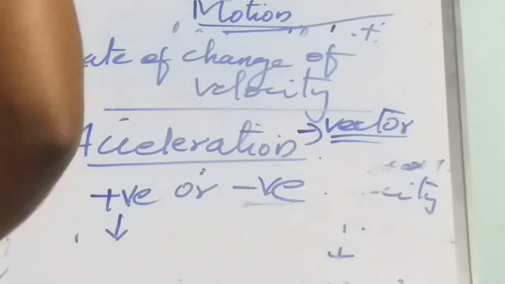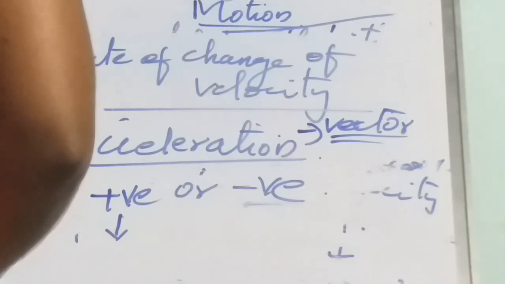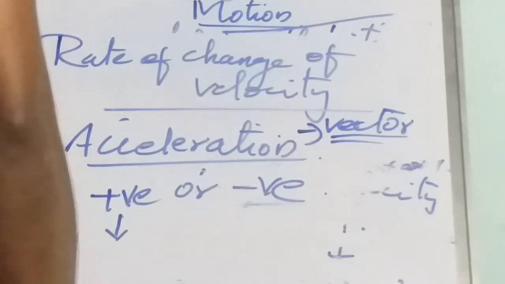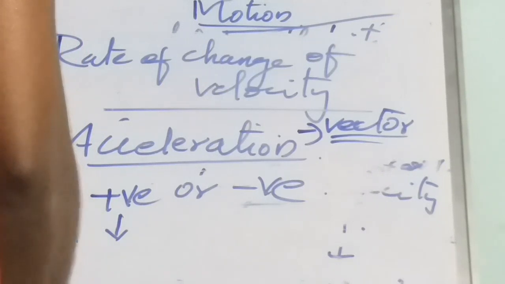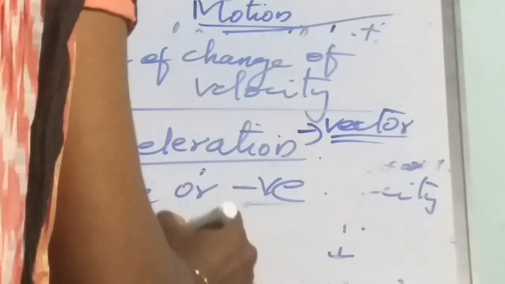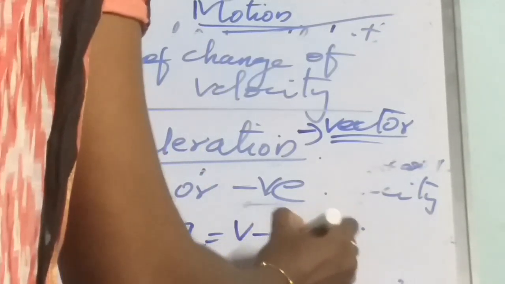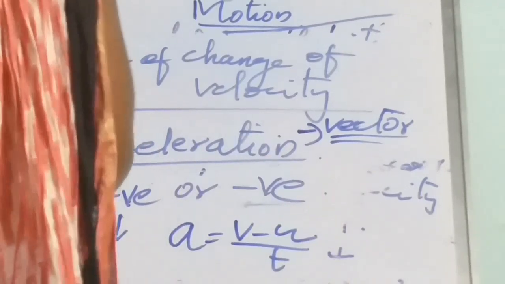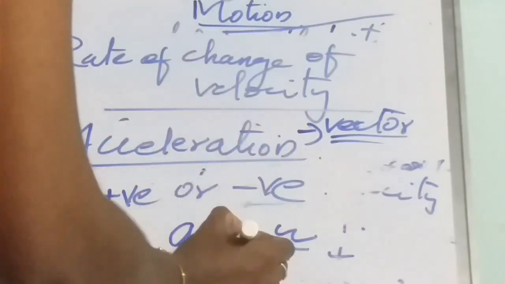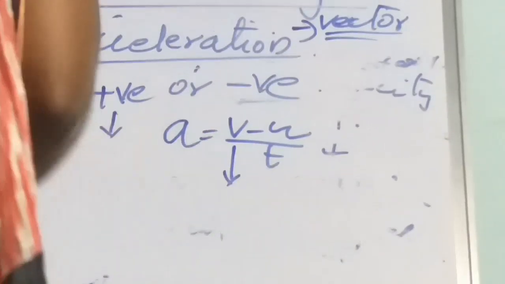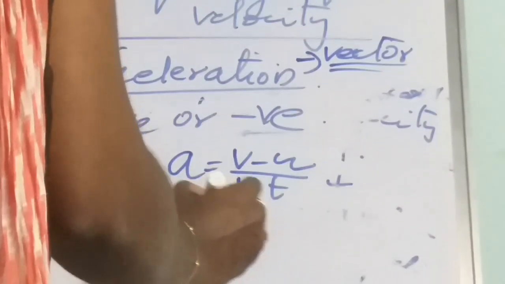So here the acceleration and velocity are in the same direction, and the acceleration is considered positive. We know the equation a is equal to (v minus u) by t. Here v is going on increasing, so v is greater than u, and when v is greater than u, a becomes positive.